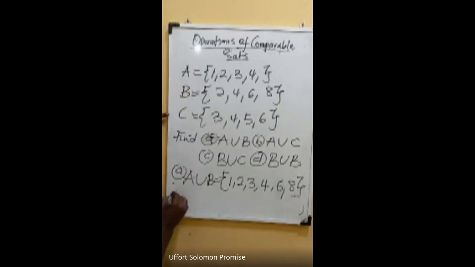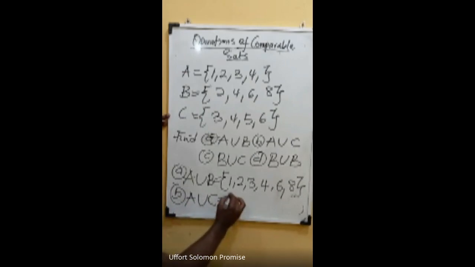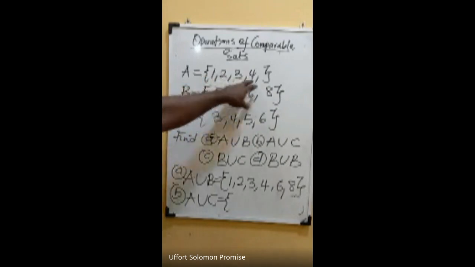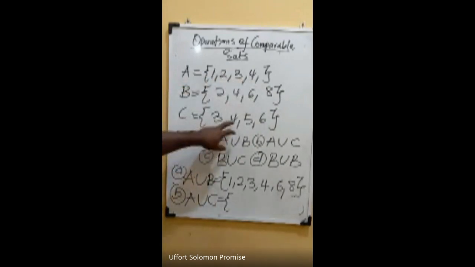Then for B, I'm going to wipe this, and make it bold so that we can all see it. Now, what is A union C? A union C is the elements in A together with the elements in C. A, we have 1, 2, 3, 4. Then C, we have 3, 4, 5, 6.